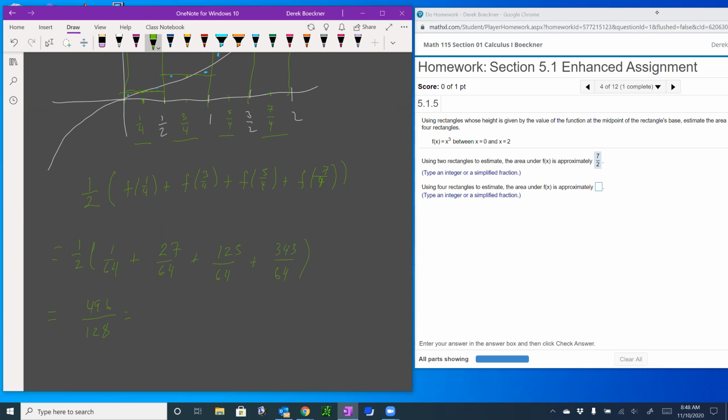That's divisible by 2. This is 248 over 64, just divisible by 2. 124 over 32, 62 over 16, 31 over 8.